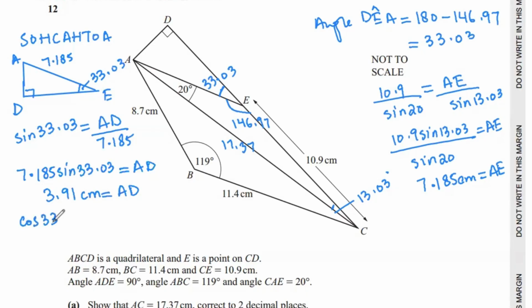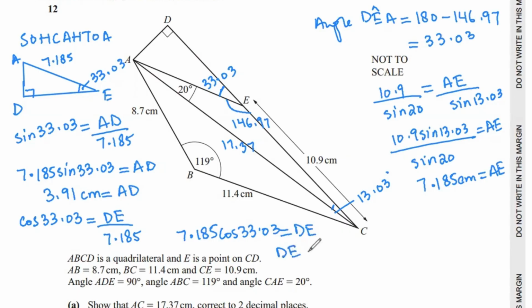And then for DE, we can use cosine. Cos of 33.03 because that's the adjacent. Cos 33.03 equals DE over 7.185. 7.185 times cos of 33.03 equals DE, and that gives us 6.02 centimeters.